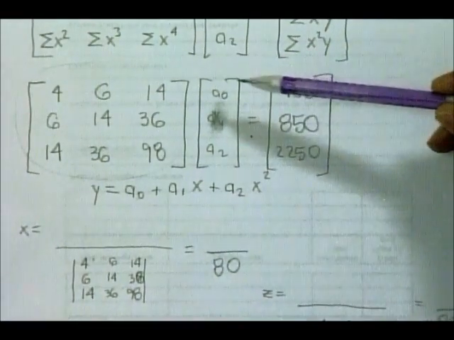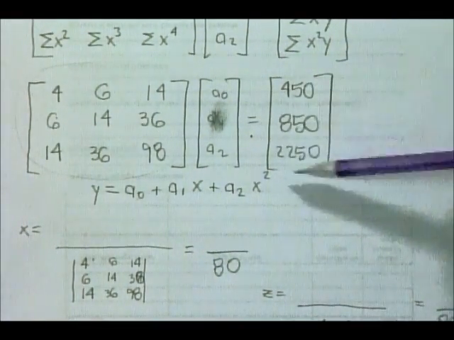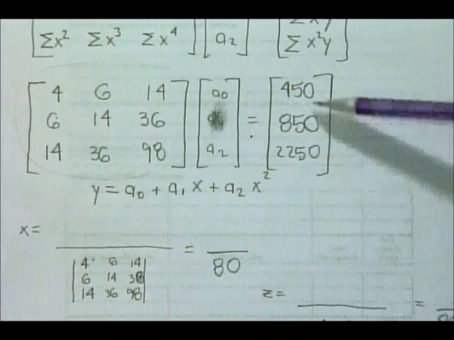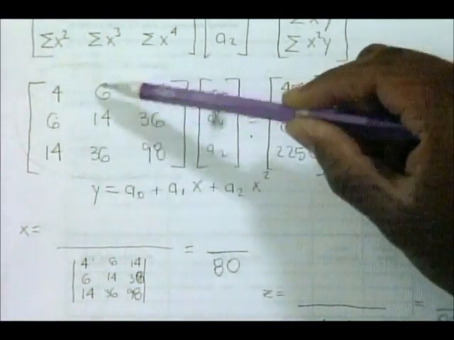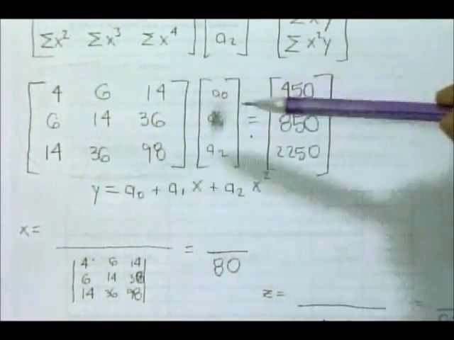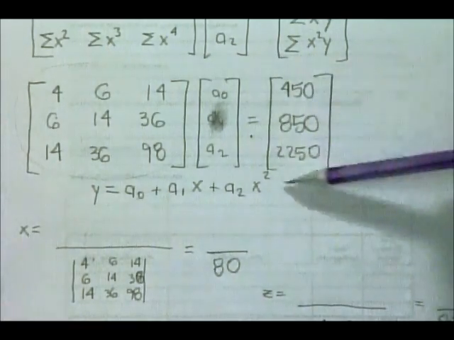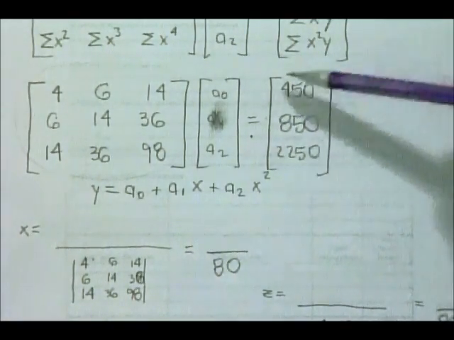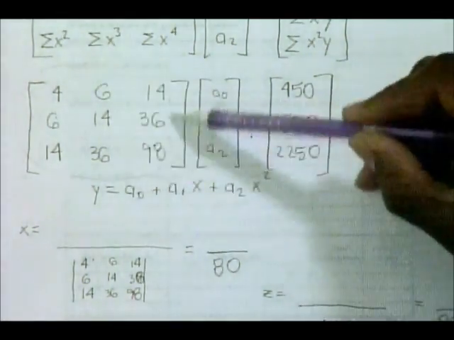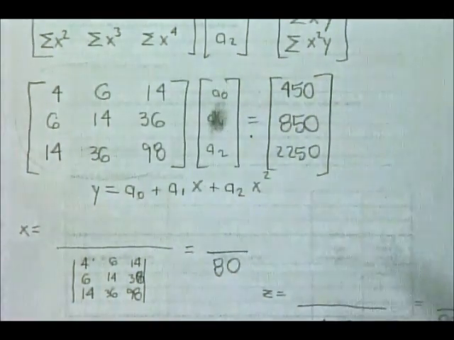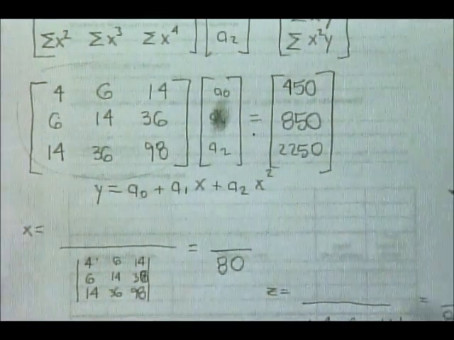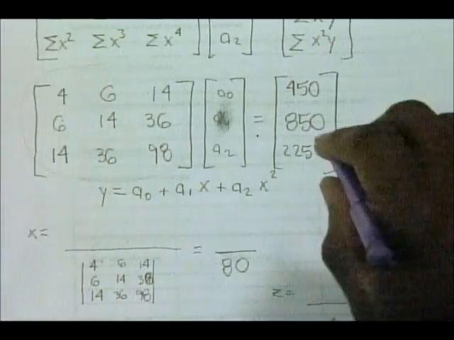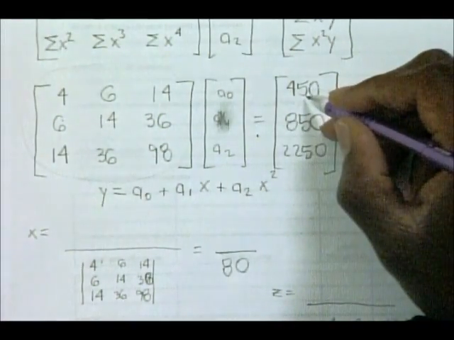If you're solving for y, you substitute these constants into the y column. And if you're solving for z, you take these constants and substitute into the z column. All right? So let's go about doing that. Everything else will remain the same.